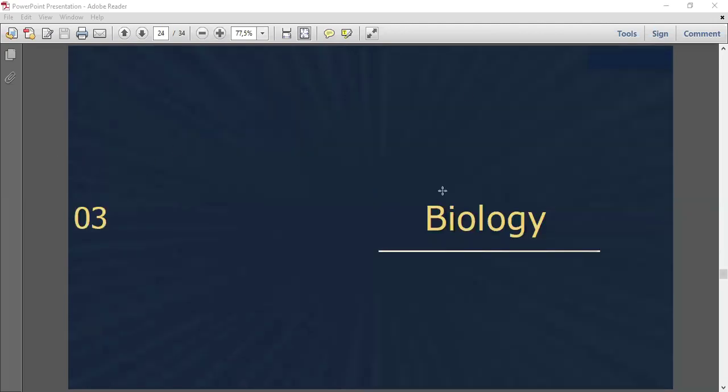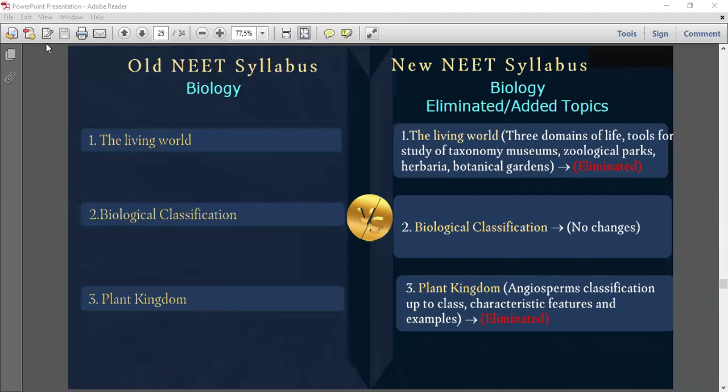Now coming to biology. In biology, okay, from the living world, three domains of life, tools for study of taxonomy: museum, zoological parks, herbaria, botanical gardens, eliminated. Then there are no changes in biological classification. Next, in plant kingdom, angiosperms classification up to class, characteristic features and examples. This topic is eliminated. Okay.